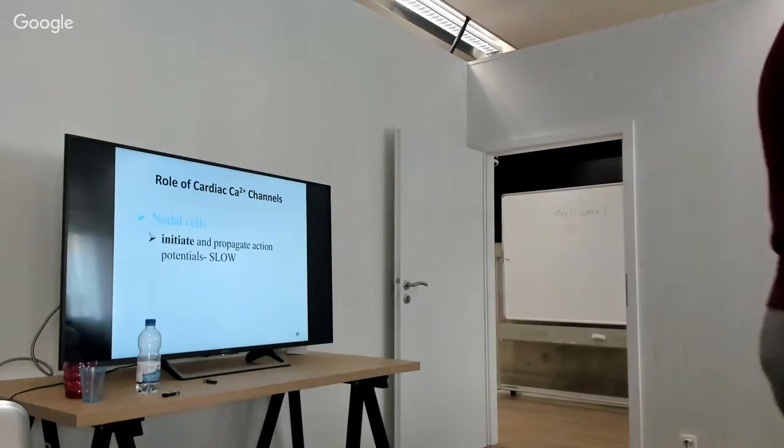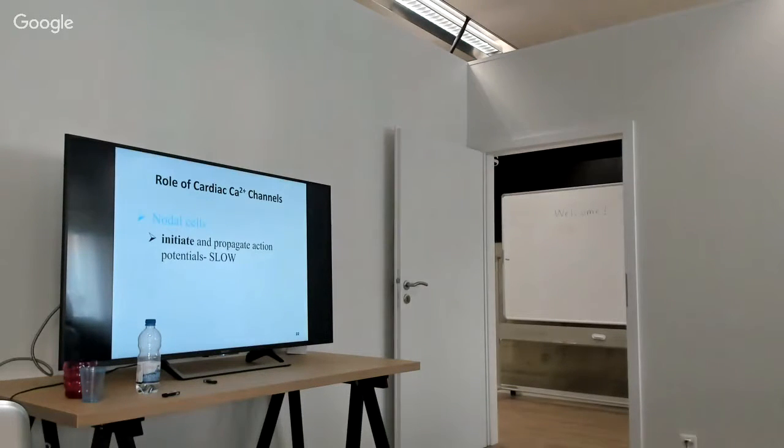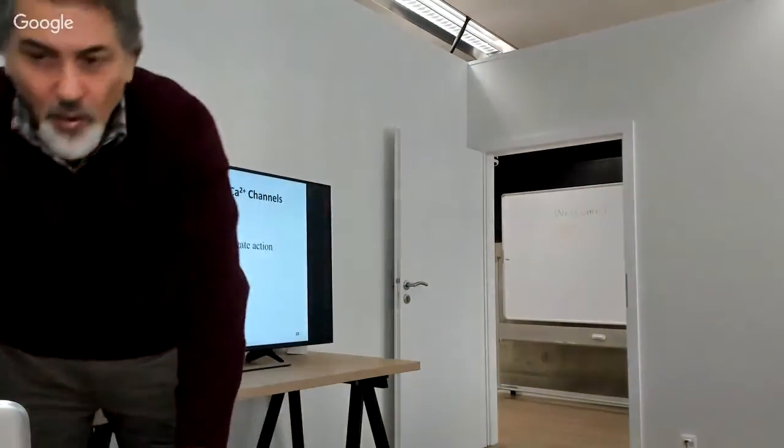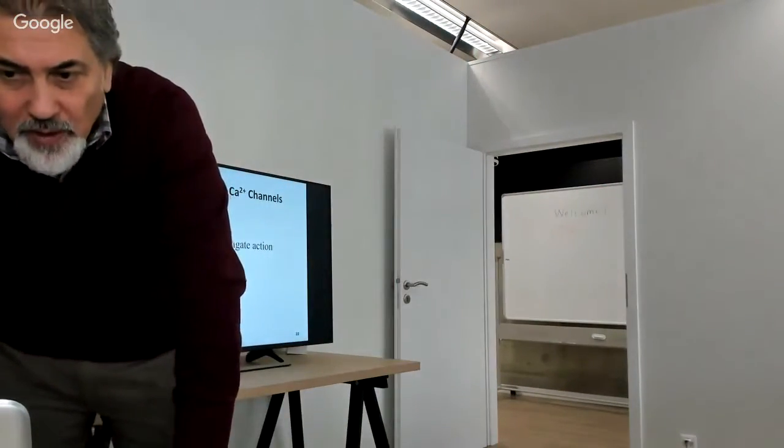Why is it slow? Because they don't have sodium channels, but they have calcium channels that open in phase zero. It's only the calcium channel that opens in phase zero, and so they have this slow action potential.